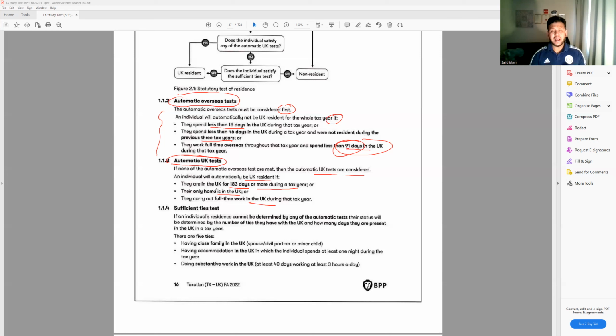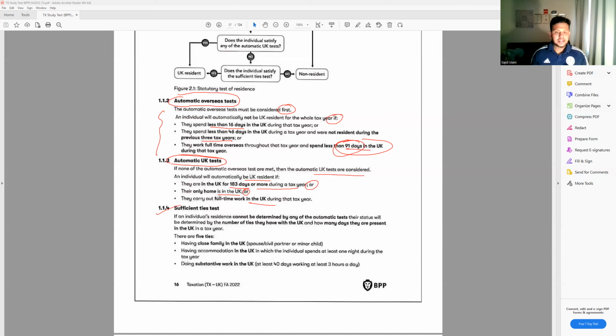So if this has happened to anyone, we'll treat them as an automatic resident. You can see this one is or. It's not and. So if one of the conditions is satisfied, that means you are automatically resident in the UK.